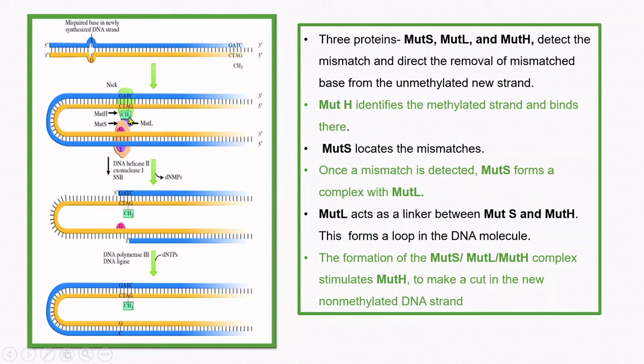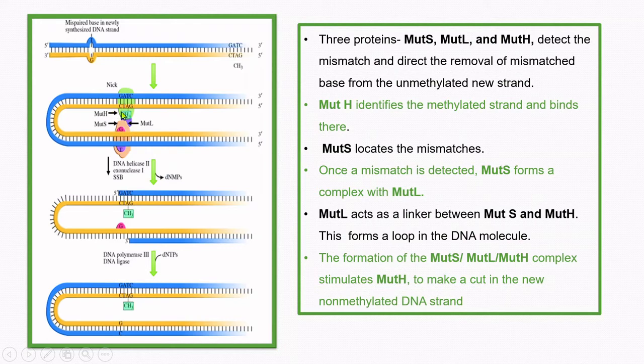Once the MutS, MutL, and MutH complex is formed, MutH makes a cut in the unmethylated new DNA strand.